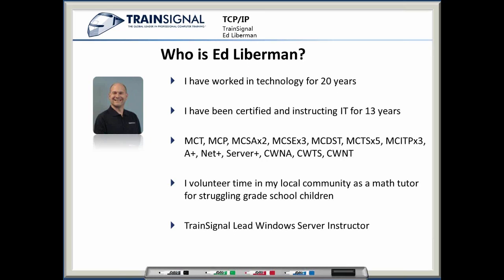I've got a lot of alphabet soup that I've acquired over the years, because that's what us trainers do. We see these certification tests that go with a lot of the stuff we're teaching, and as we do that, we acquire these certifications. Most specifically, I'd like to point out that I'm an MCT, Microsoft Certified Trainer, as Stephanie had mentioned. That means that Microsoft certifies me to teach this stuff to you.